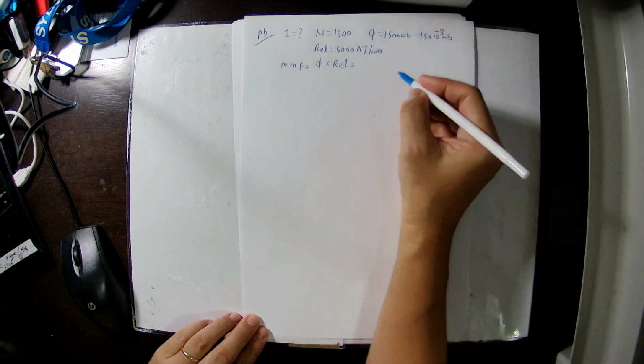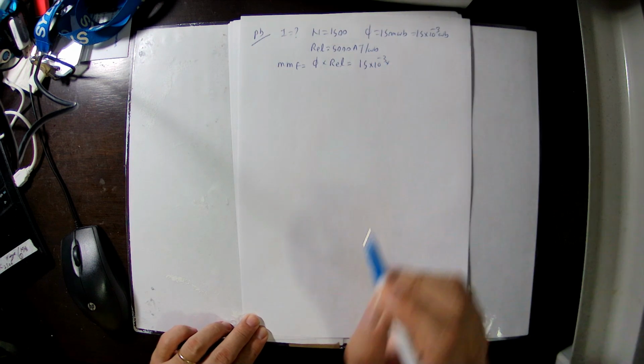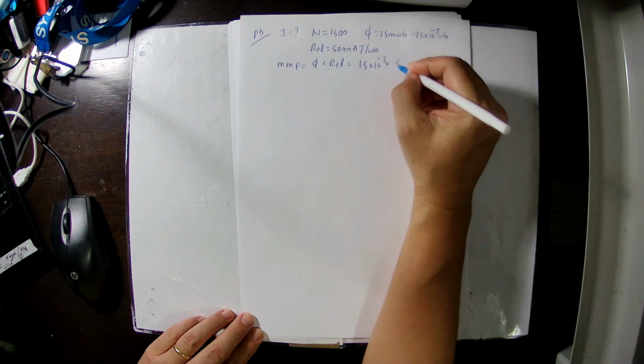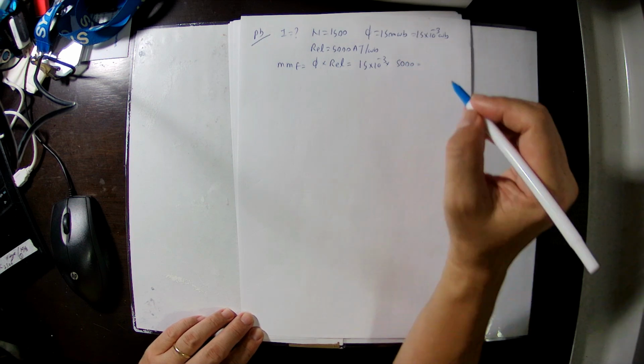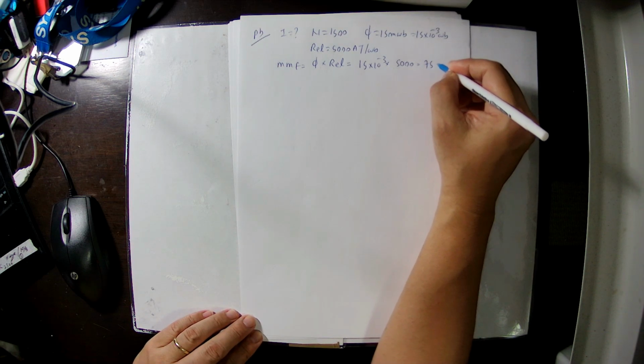Our flux is 15 milliweber, 15 into 10 power minus 3, and the reluctance is 5000. So the magnetomotive force becomes 75 ampere turn.